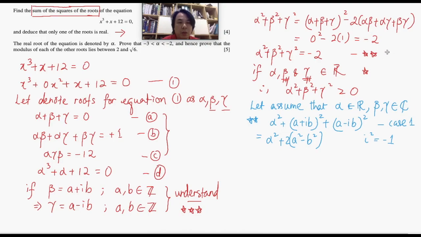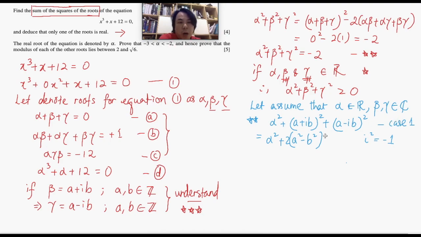Therefore, that's the reason why we have to take into consideration that there must be a pair of complex conjugates among alpha, beta, and gamma. That actually proves case one.